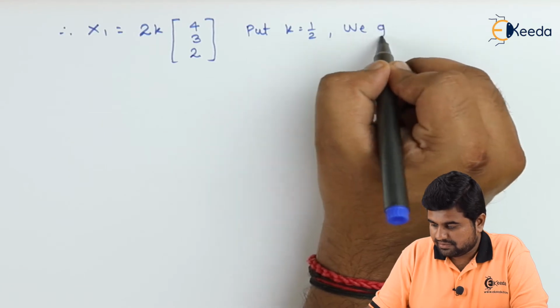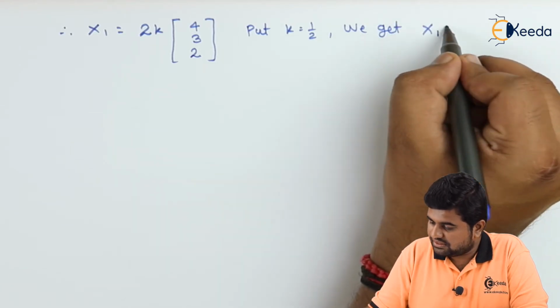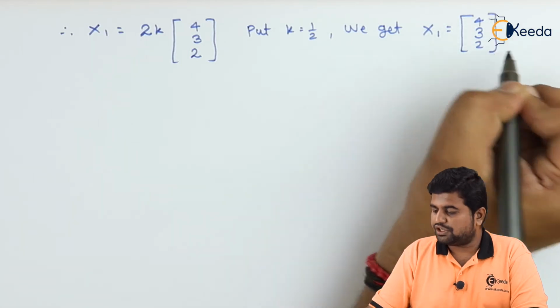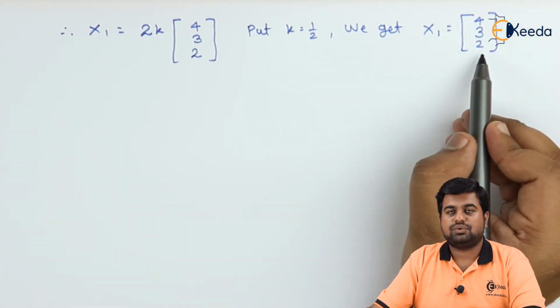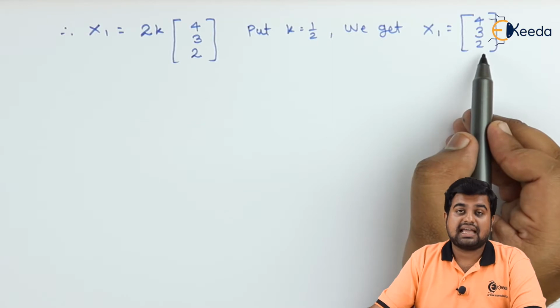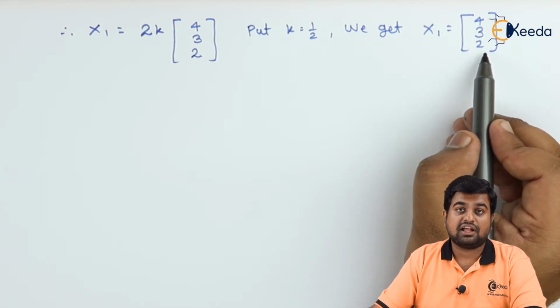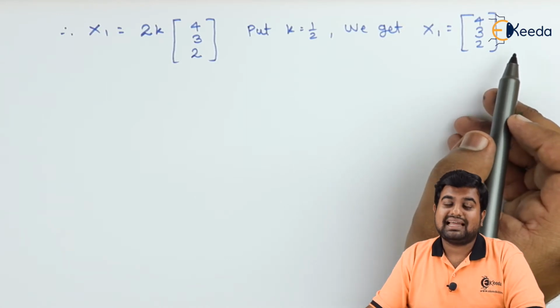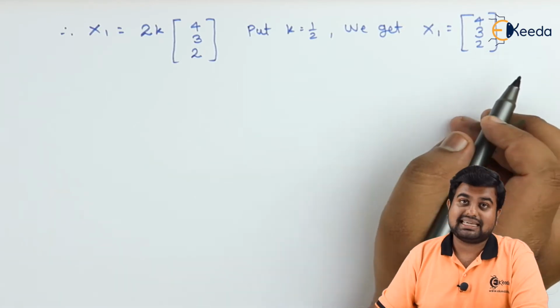We get x1 is equal to 4, 3, 2. So this particular x1 is equal to 4, 3, 2 is the first eigenvector for the value lambda 1 is equal to 1. Now let us focus on lambda is equal to 2, which is case number 2.